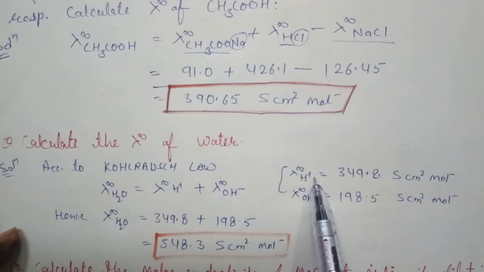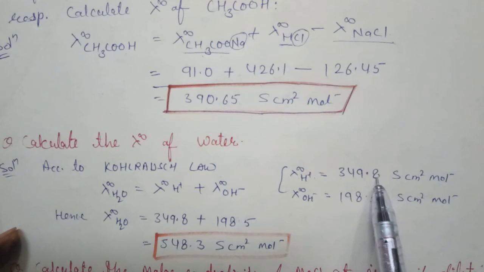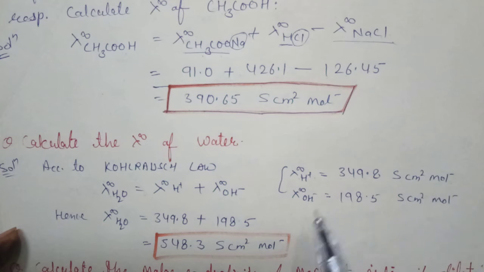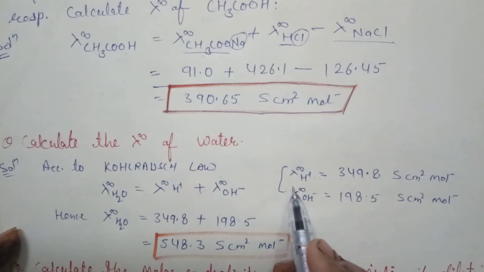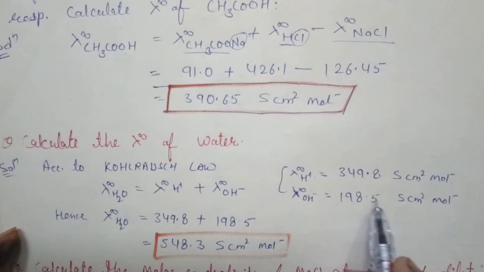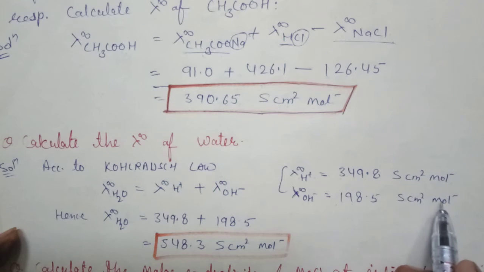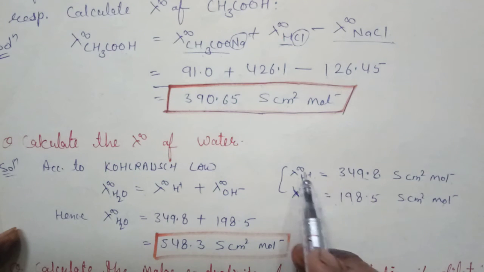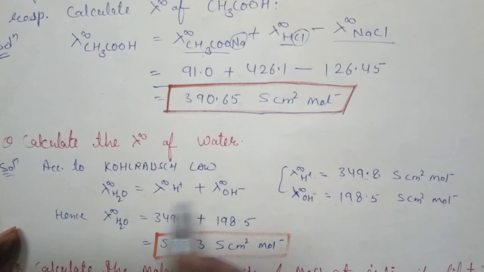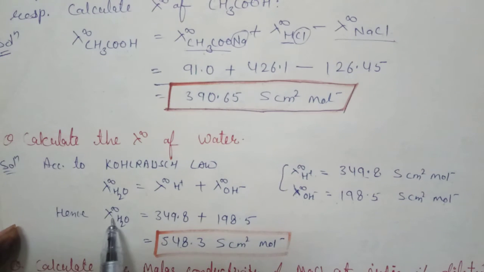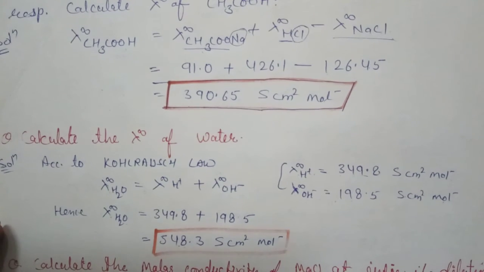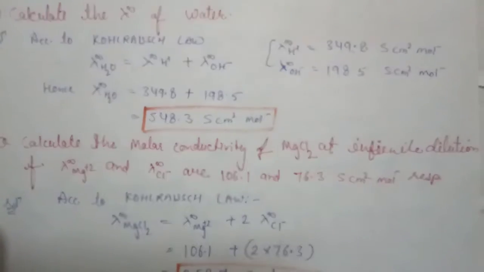Lambda infinity H plus is 349.8 Siemens centimeter square mole inverse, and lambda infinity OH minus is equal to 198.5 Siemens centimeter square mole inverse. On putting the values of lambda infinity H plus and lambda infinity OH minus in this equation, we obtain lambda infinity H2O, that is 548.3 Siemens centimeter square mole inverse. Okay, just the same, one more example.